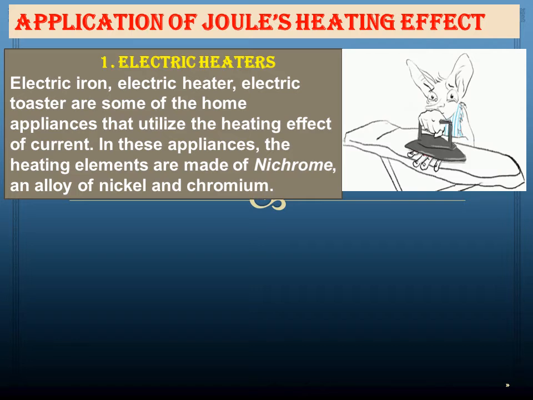In these appliances, the heating elements are made of nichrome, an alloy of nickel and chromium. Nichrome has a high specific resistance and can be heated to very high temperature without oxidation. That's why nichrome is used as the element in most electric heaters.